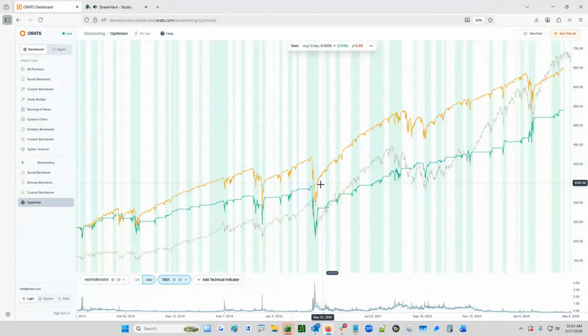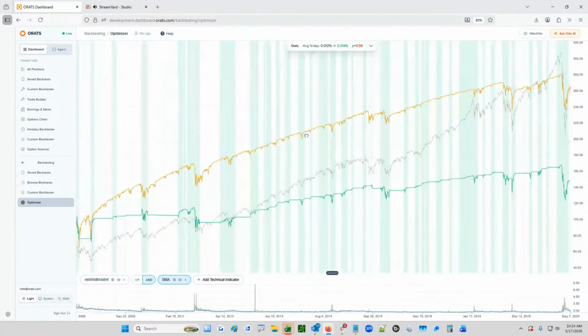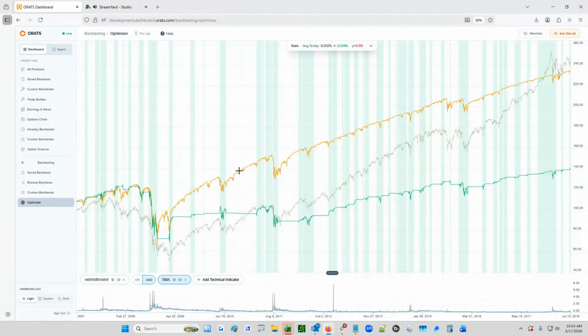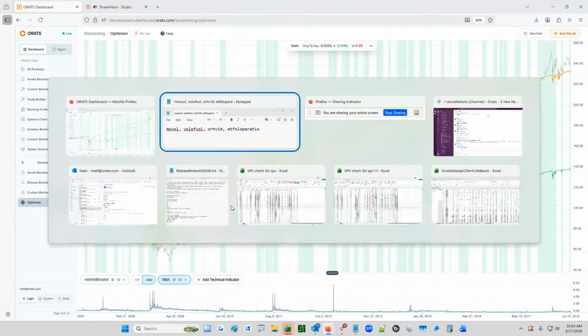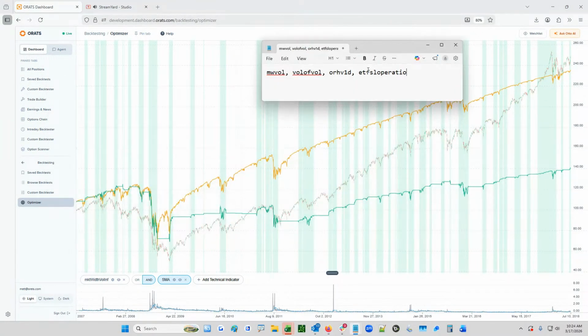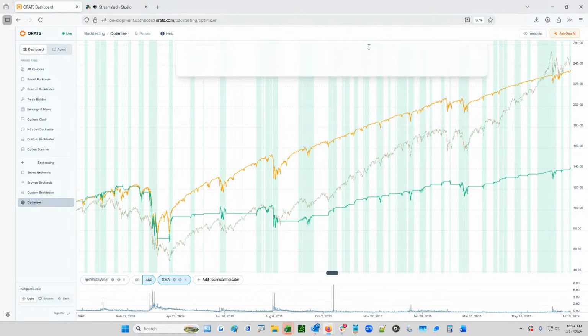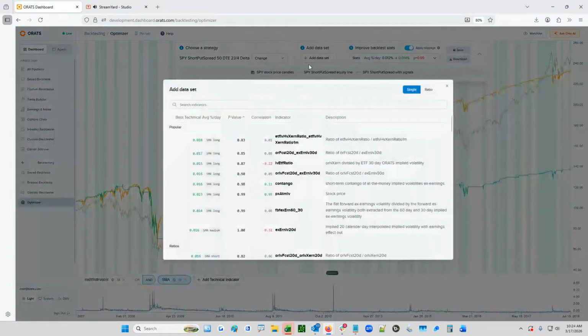This is not a good one, right? You can go through and see on some of these crashes, it just doesn't perform. We're in it a lot of the time. It's very much not doing that well, even risk adjusted. So that's not a good one. Let's get rid of that one.